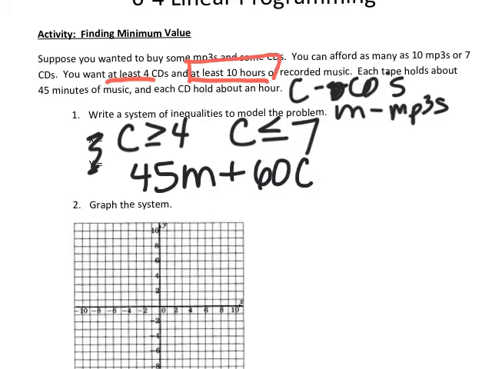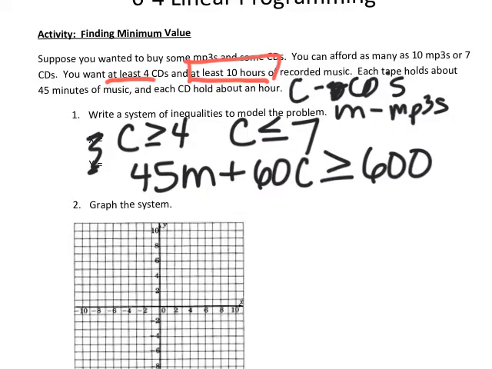This total can be greater than 10 hours, but it's got to be at least 10 hours. So that means it can be greater than or equal to 10 hours, which is 600 minutes. Okay? Once you have those, and you're always dealing with inequalities with linear programming, always, always. At least, more than, no more than, all of those terms have to do with inequalities.